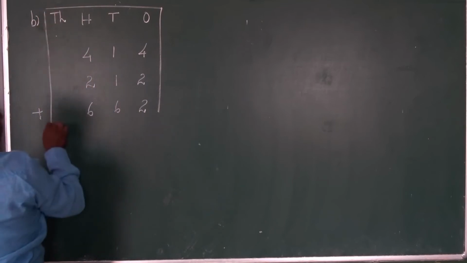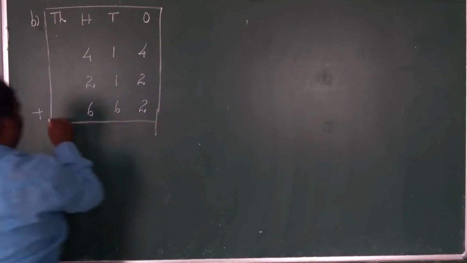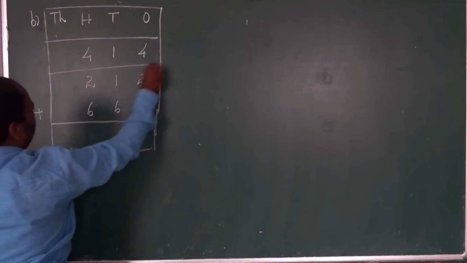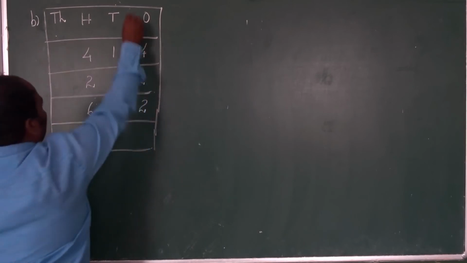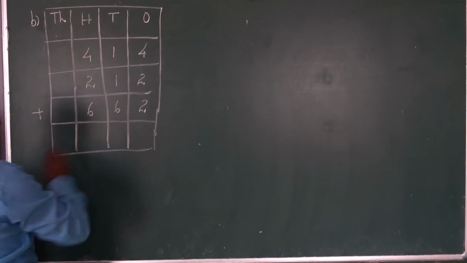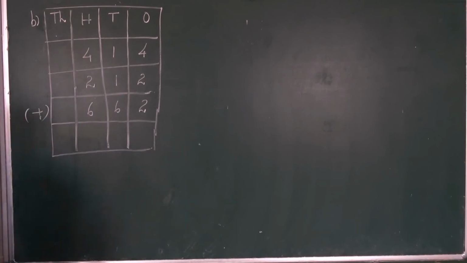These are all 3-digit numbers. We add 3 three-digit numbers. Ones place, tens place, hundreds place, and thousands place. First we always add the ones place.